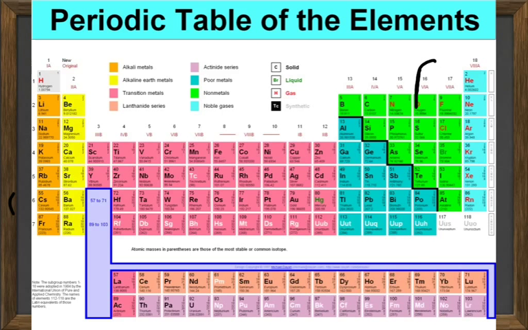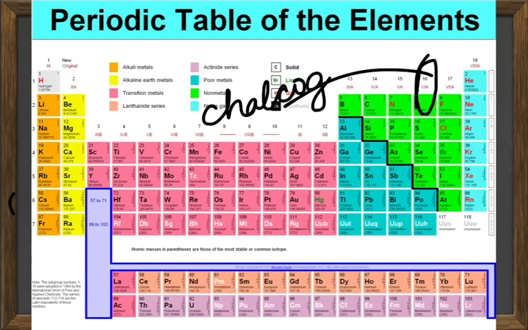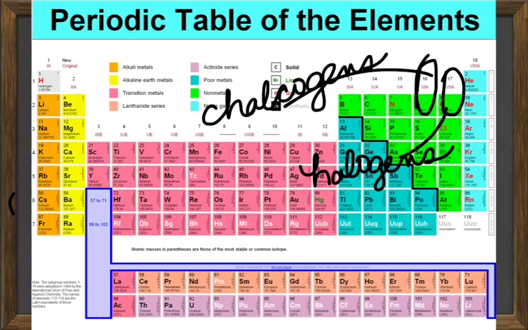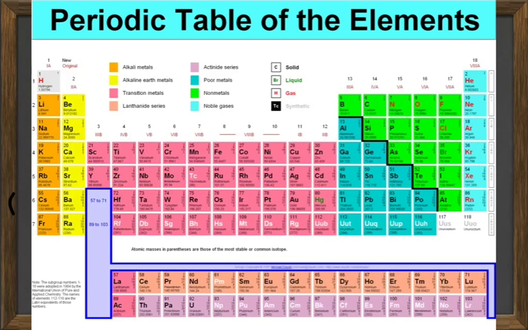Group 16 here, these are known as chalcogens. Group 17, those are known as halogens. And group 18, most people know the name for group 18. Group 18, those are known as noble gases.